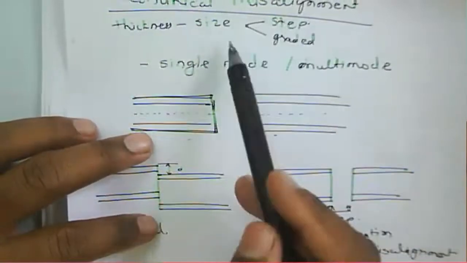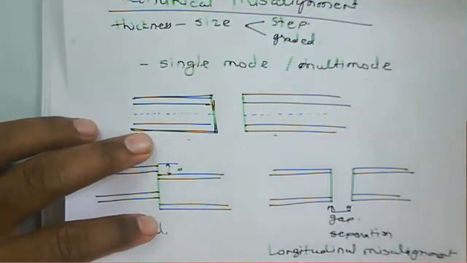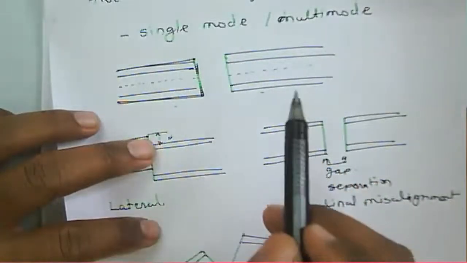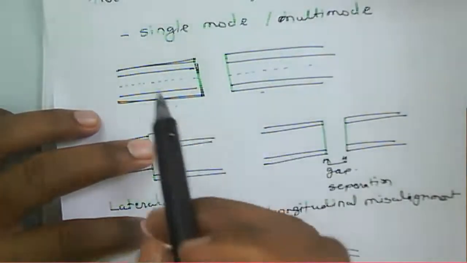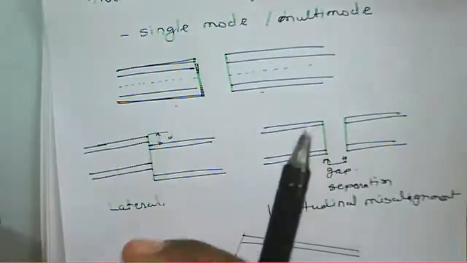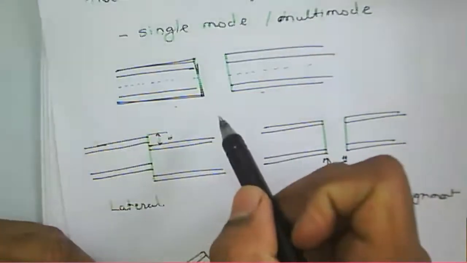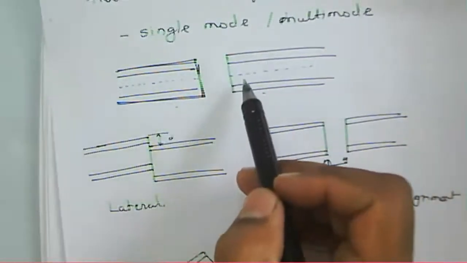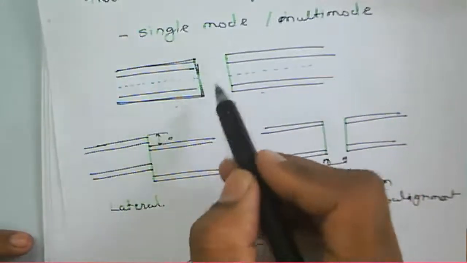In addition to this misalignment, there are some differences in the geometrical and waveguide characteristics of these two fibers. Even if it is the same fiber, with core size and everything the same, there may be a small difference in the characteristics of these two fibers, and that may include variation in the core diameter.